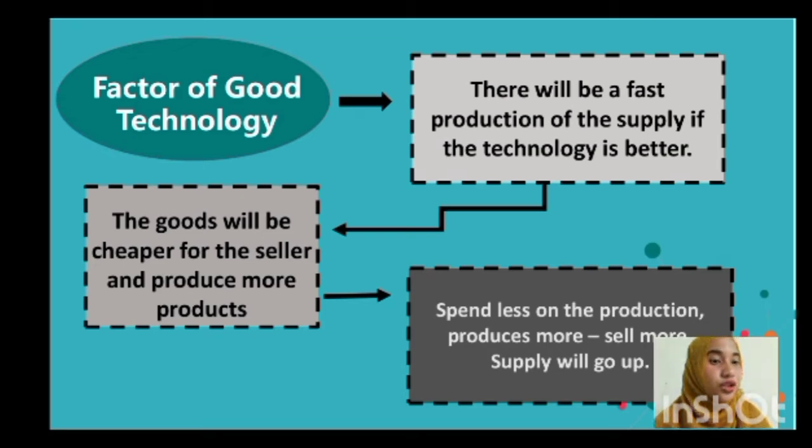That's what is being said here. So if you have that good technology, you can produce thoroughly, or you can produce fast the supply that you want to give to the market, right? If you have that better, advanced technology, you can compete with the supply market.